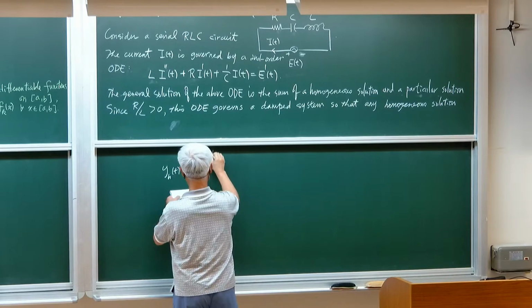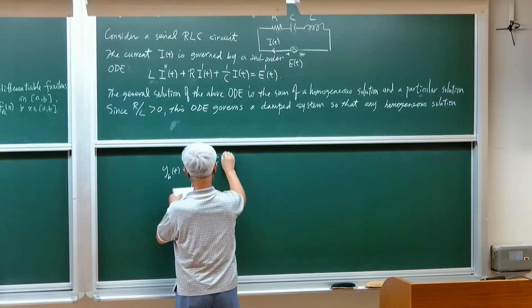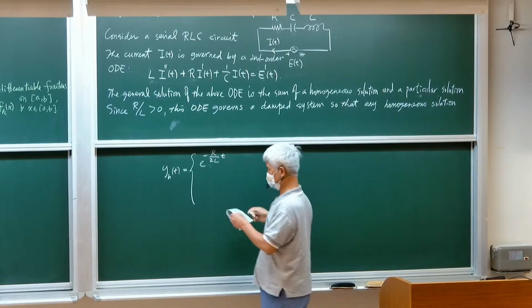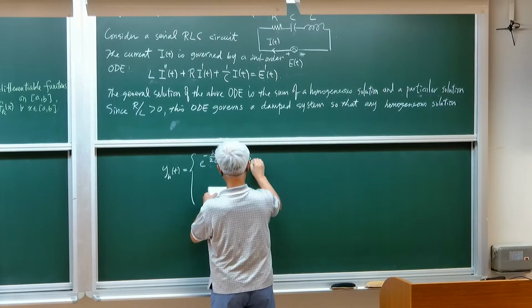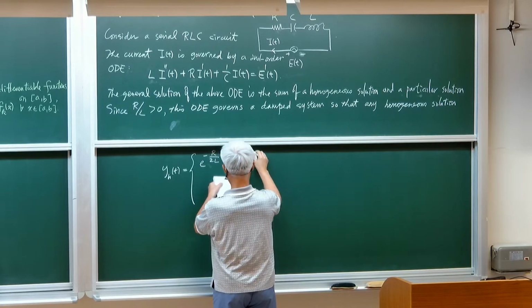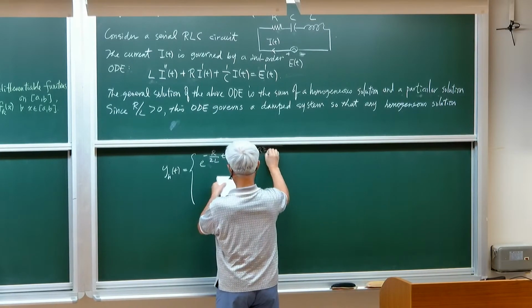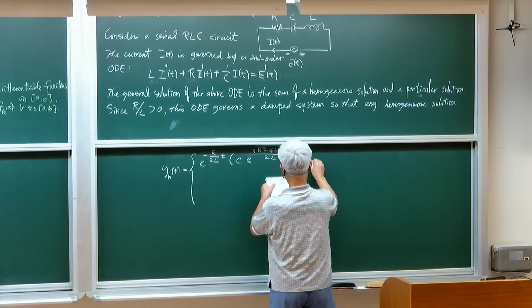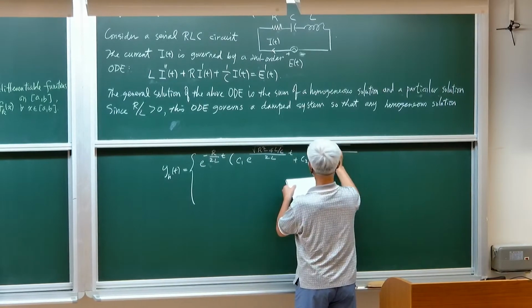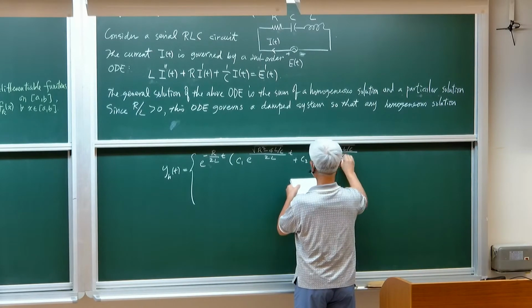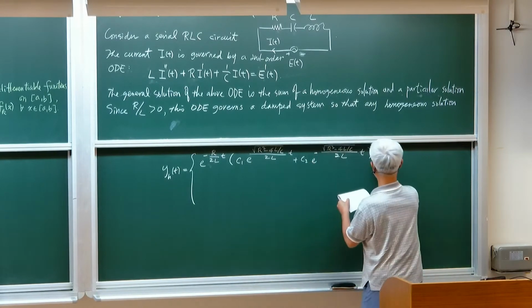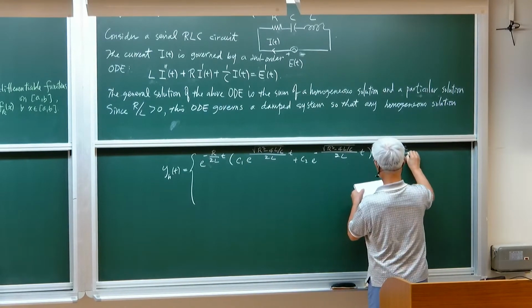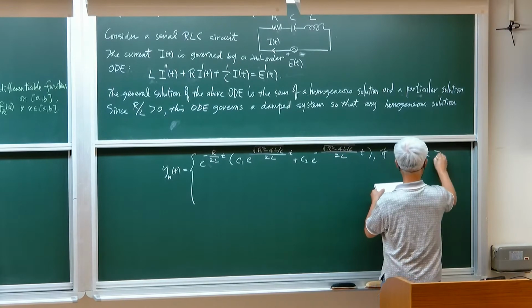So this is e to the minus R divided by 2L t, the exponential decaying factor, times C1 e to the square root of R squared minus 4L divided by C, over 2L, t plus C2 e to the minus square root of R squared minus 4L divided by C, over 2L, t, if R squared minus 4L divided by C is positive.